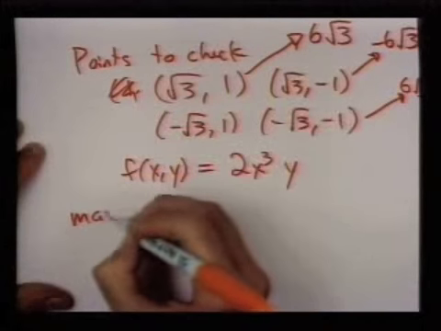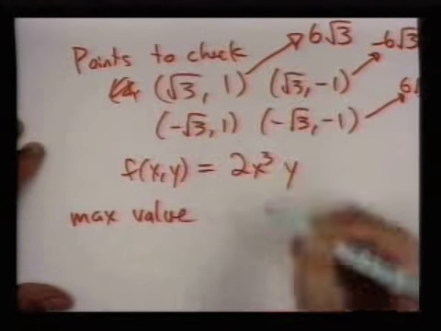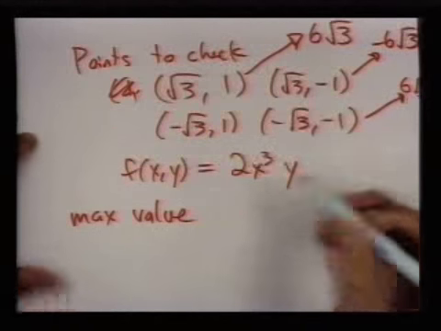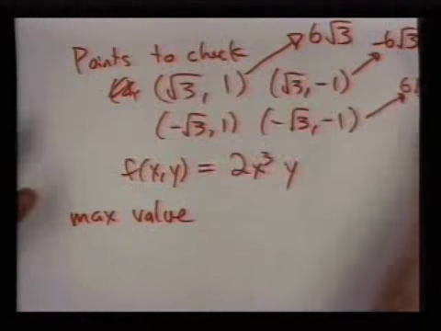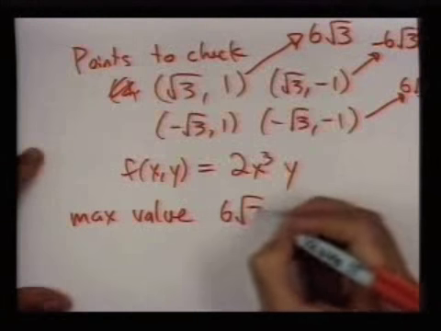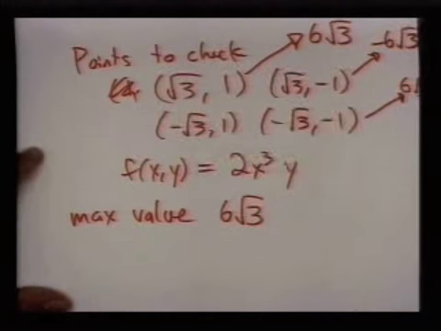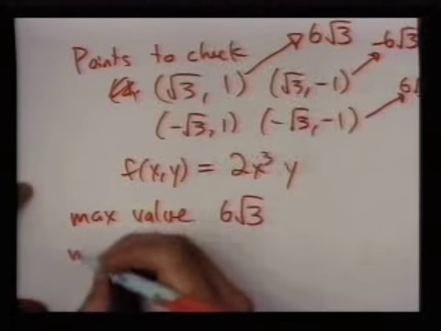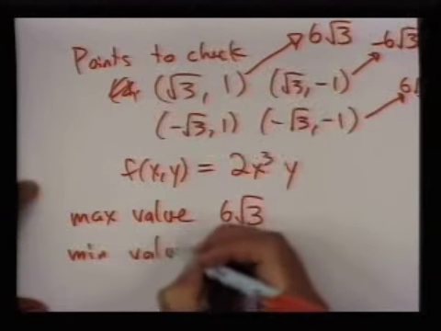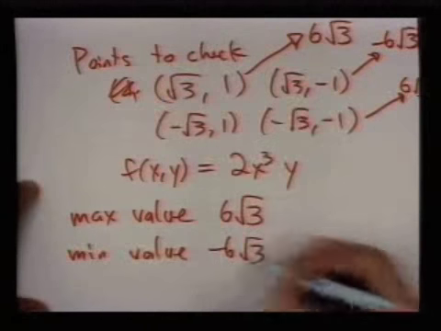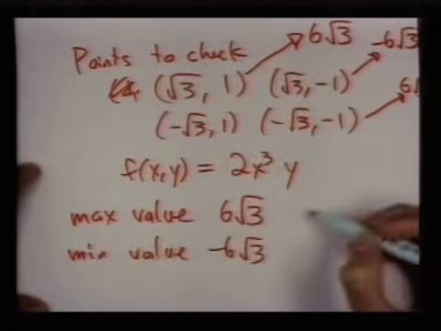So the maximum value has to occur at the points in this list, and we found the biggest value in the list is 6 times the square root of 3, and the minimum value is negative 6 square root of 3.